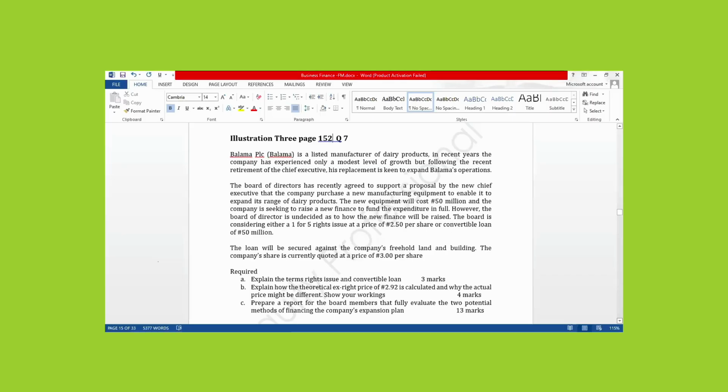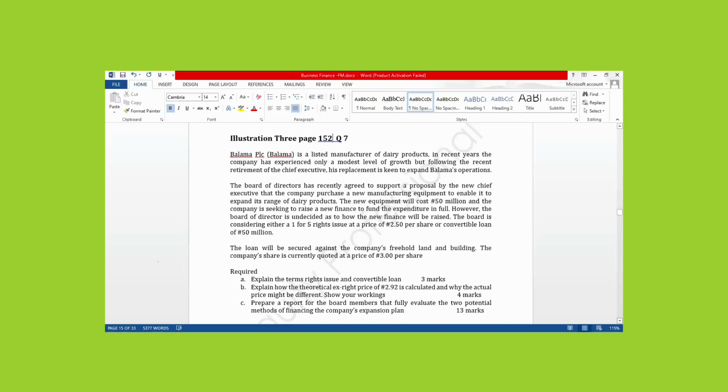These are debt instruments that give the debt holder the option or the right, but not the obligation, to convert the debt to a number of equity shares within a specified future period.